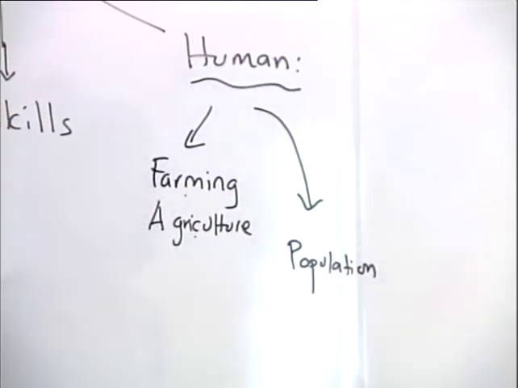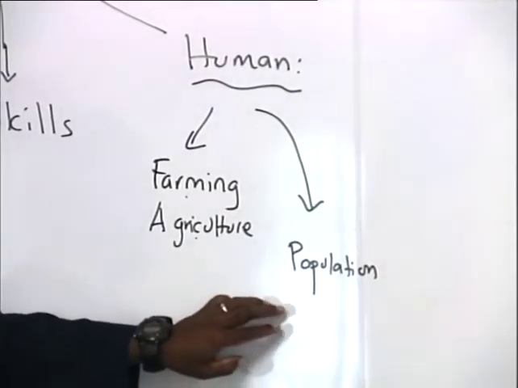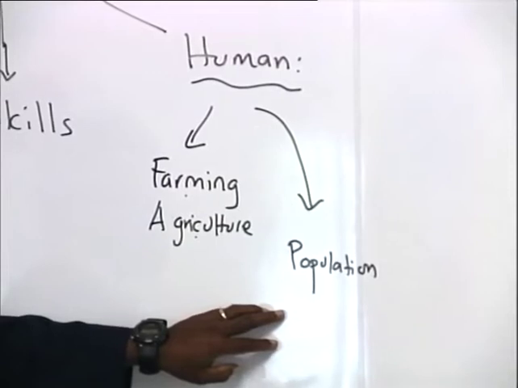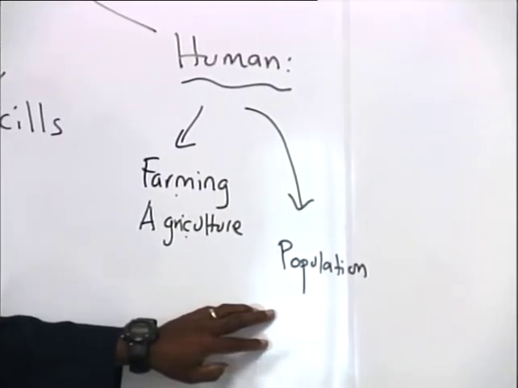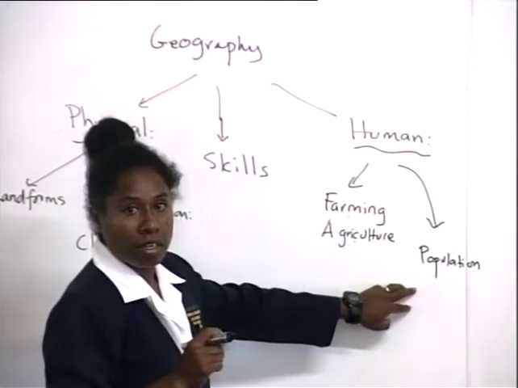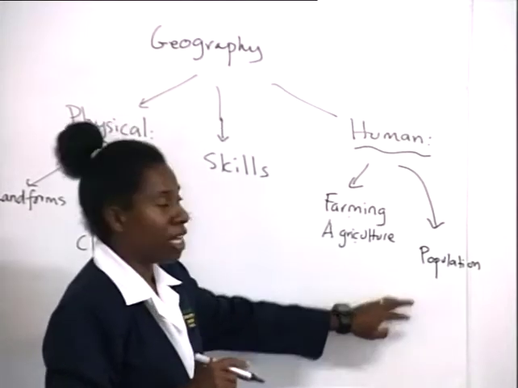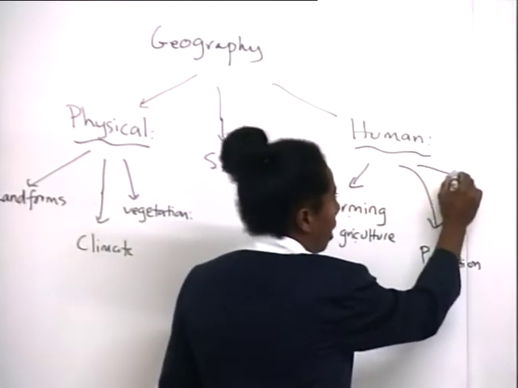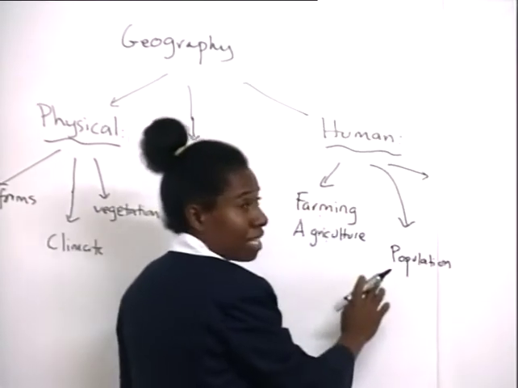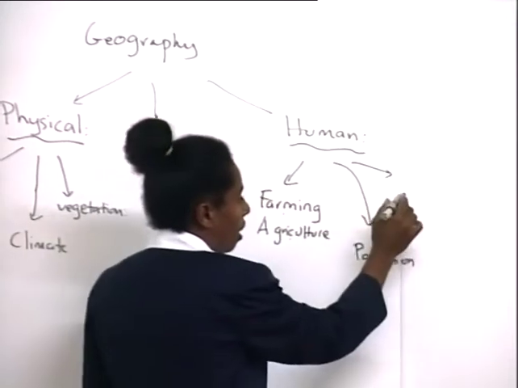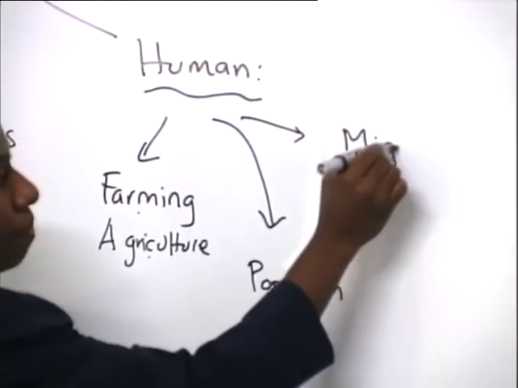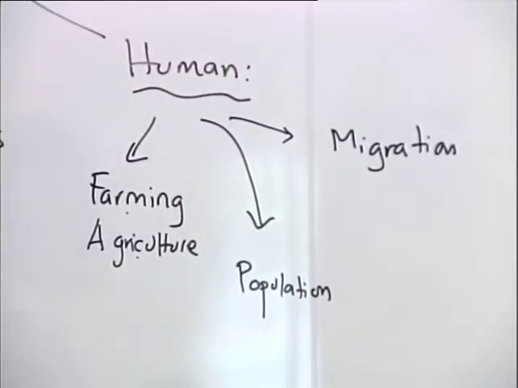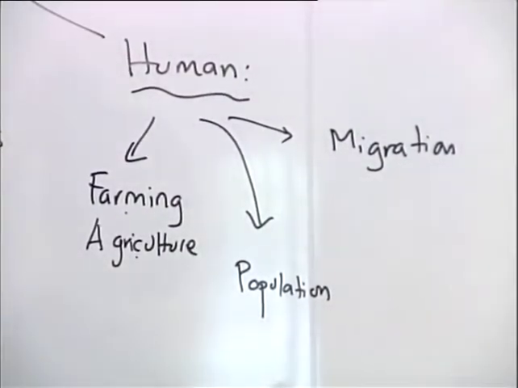Other subtopics which come under human geography is population. For the work on population, we're going to be looking at terms like growth rate, birth rate, death rate, population density, population distribution, and so on. Another subtopic that we must cover is migration. Here we'll be looking at the push and pull factors which contribute to the movement of people.